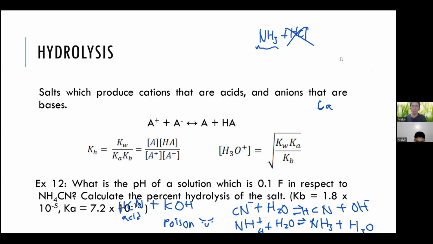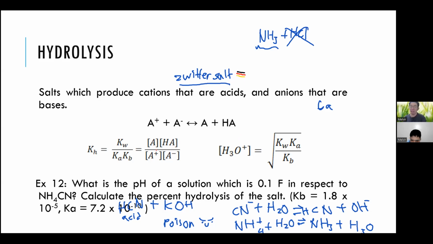Walang term. Cations that are acids, hindi siya zwitter ion. Ang meaning nitong salt na 'to, yung cation niya puwedeng mag-act as conjugate acid, yung anion niya kaya mag-act as conjugate base, parehas siya.